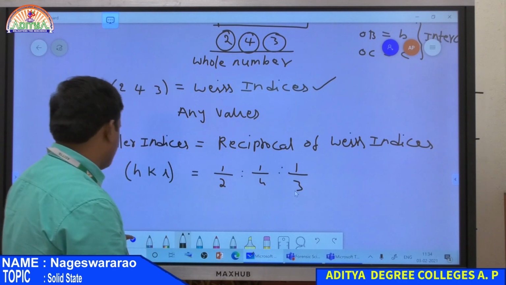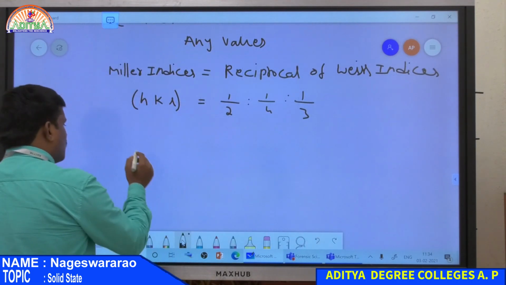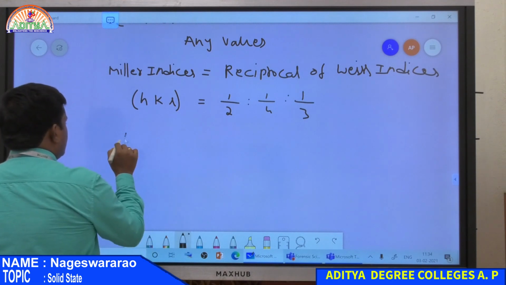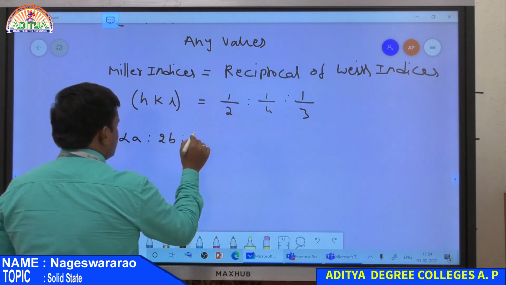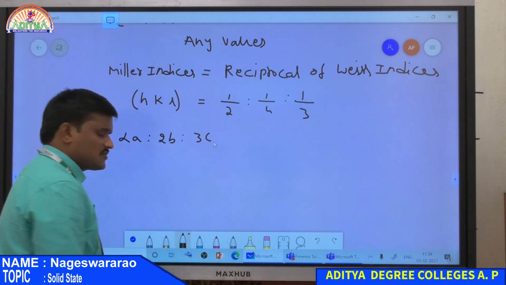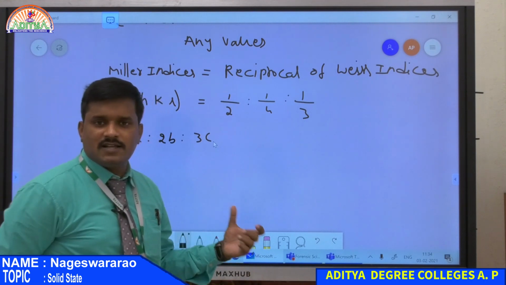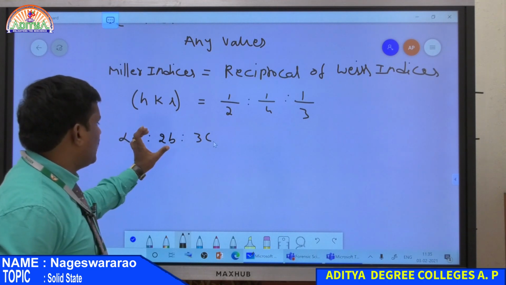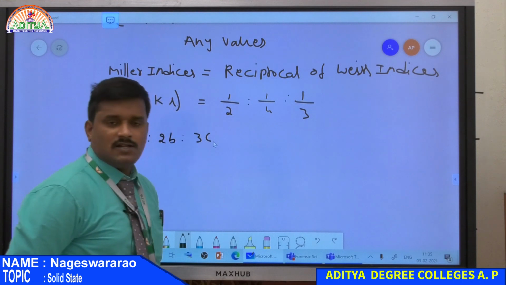If, for example, a crystal cuts the coordinate axis at infinity a : 2b : 3c, these are the intercept values of a unit cell which cuts the coordinate axes: along x it is infinity a, along y it is 2b, and along z it is 3c.